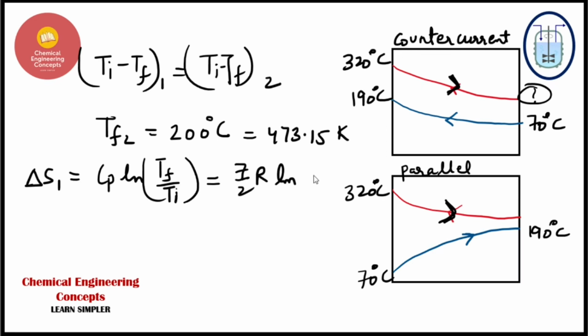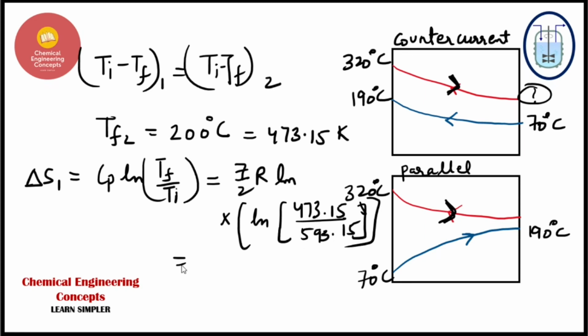T final for the hot stream will be 473.15, multiplied by ln of the division, this 473.15 being the final temperature of the hot stream, and the initial temperature is 593.15.